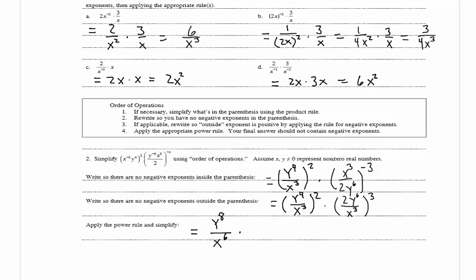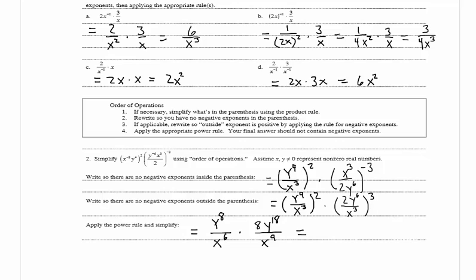times 2 cubed is equal to 8, y to the 6th cubed is equal to y to the 18th, divided by x cubed cubed is x to the 9th. And now we want to multiply these two fractions together.